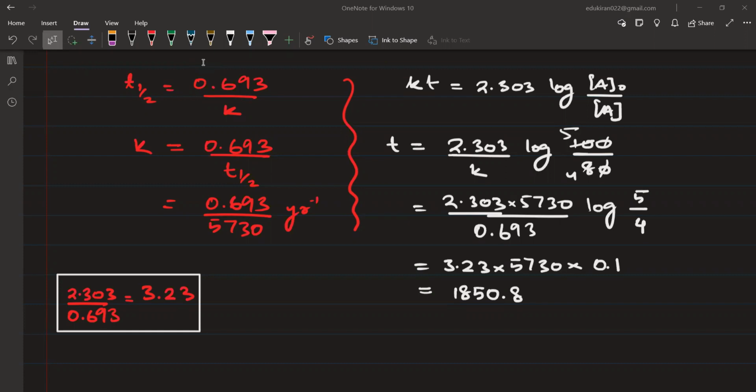It's coming a bit higher in the calculator. I don't know why you guys are getting that. Okay, fine, let's do this one also. One thing, please correct this: this is 3.32, not 23. Okay, it's my bad, 3.32.